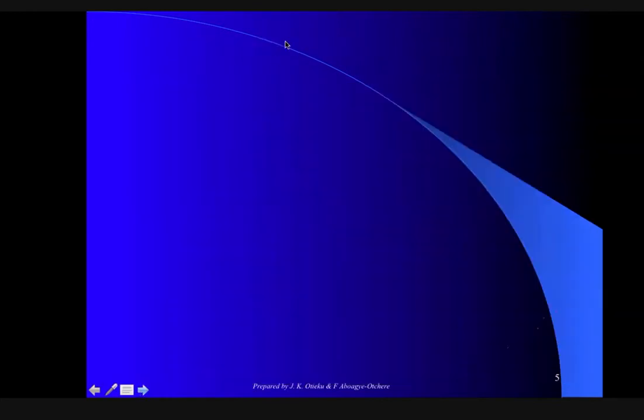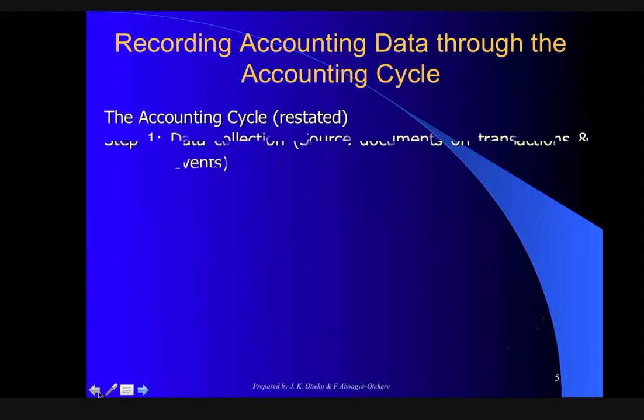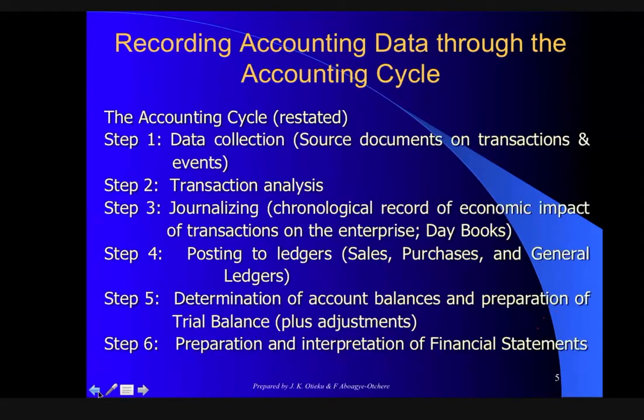Okay, now let's look at them. Okay, so in terms of recording the accounting data that comes through the accounting cycle, right? The data will be collected, so source documents. So when I say source document, basically when you go and buy something, you take a receipt, or you would issue out receipts to people as well.